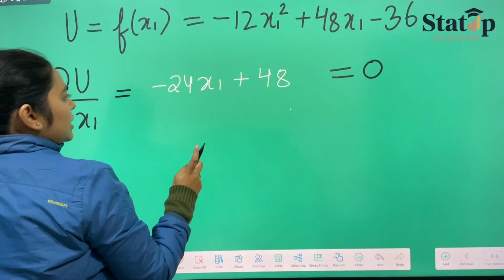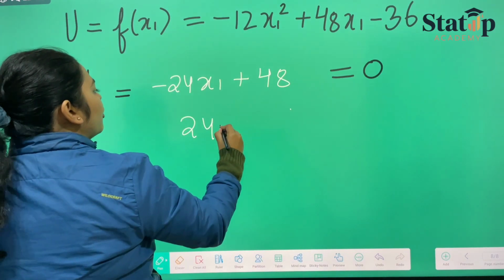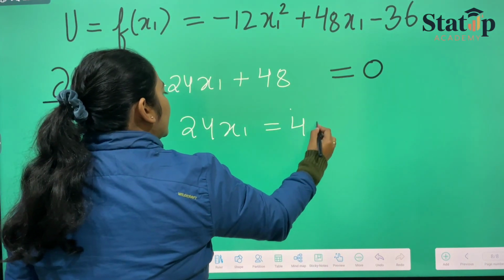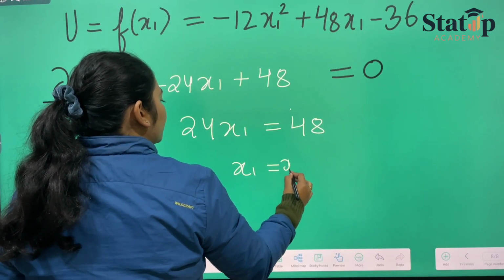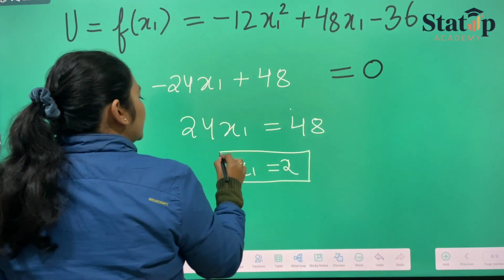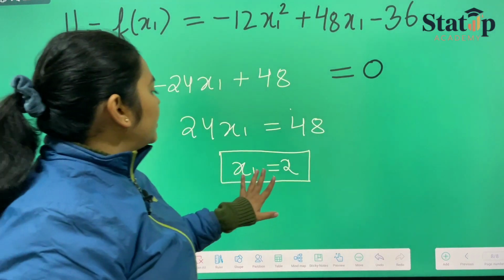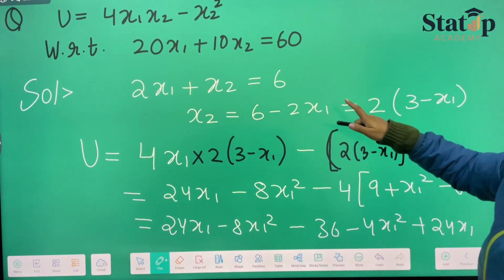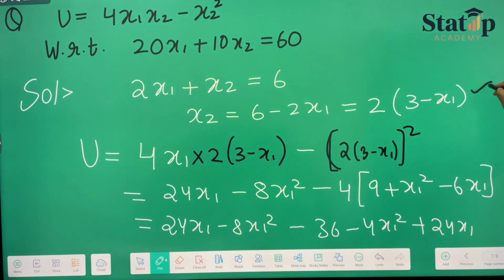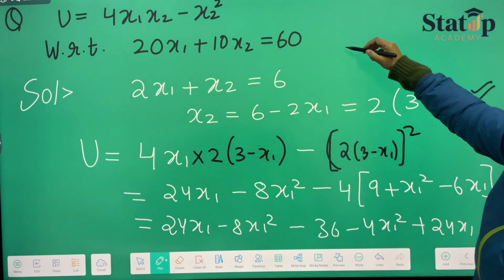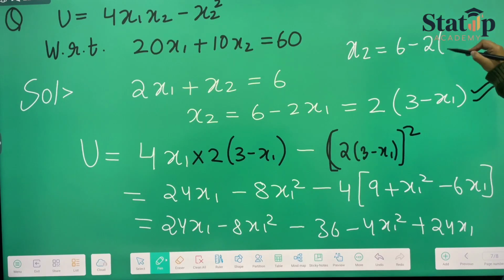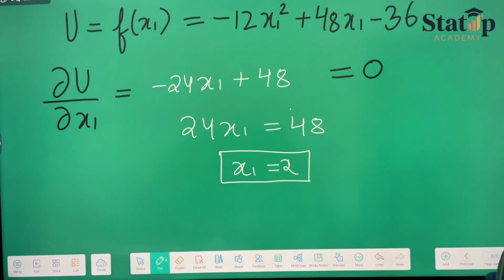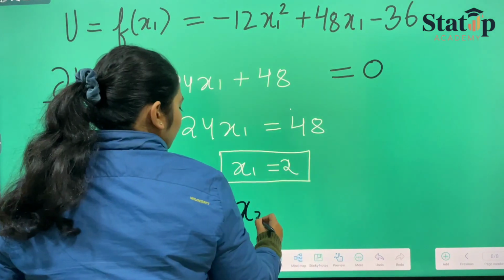If we keep this equal to 0, we get 24x1 equals 48, and hence x1 should be equal to 2. We got x1 equals 2. And keeping this x1 in this equation, x2 equals 6 minus 2 into x1, which is 2. So we get our x2 as 2.